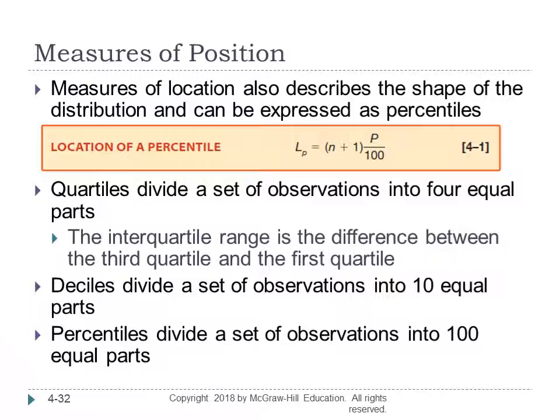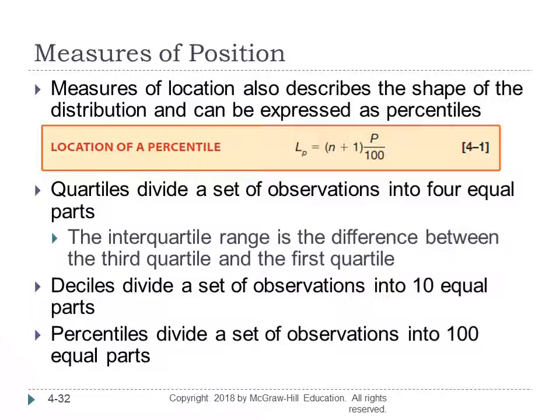But also we'll look at quartiles. Quartiles divide the set of observations into 4 equal parts. You can look at the first quartile, Q1, this is L25. So it is (n plus 1) times 25 over 100. The median itself can be considered to be the second quartile.